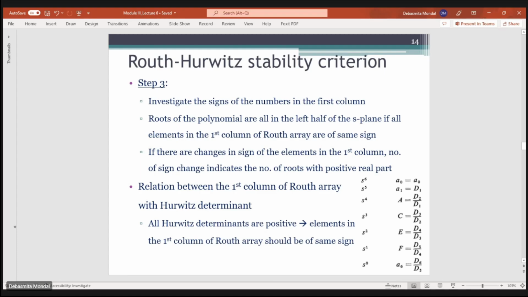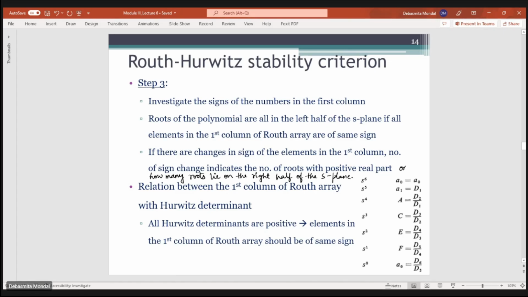But if there are changes in sign of the elements in the first column, the number of sign changes will indicate how many roots have positive real part, that is, how many roots lie on the right half of the S-plane. Okay, so this is the Routh-Hurwitz stability criterion.